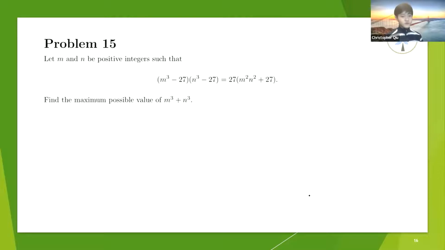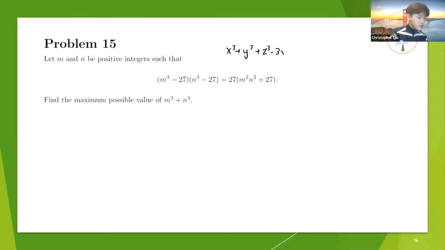In problem 15, I'm going to introduce to you a very interesting factorization of an expression. Some of you might already know this, but we can factor x cubed plus y cubed plus z cubed minus 3xyz.